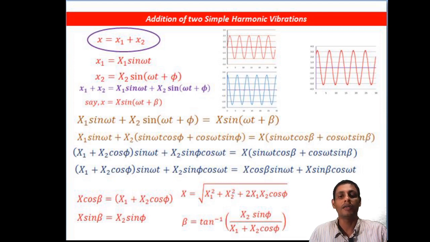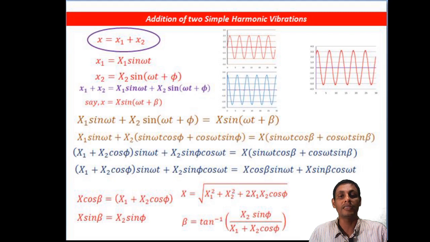Now let us see what will be the phase difference. Beta equals tan inverse of X2 sin phi divided by X1 plus X2 cos phi. So this is the phase difference with the first wave, that is X1 sin omega t.